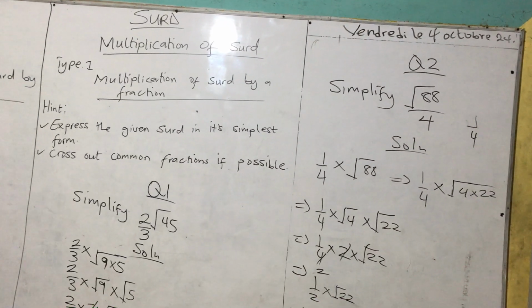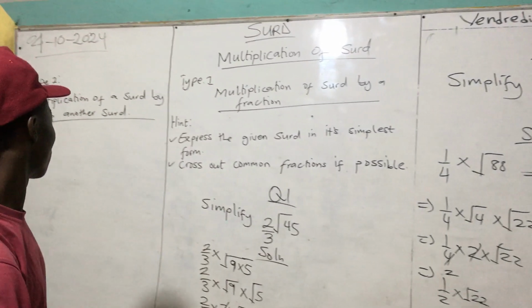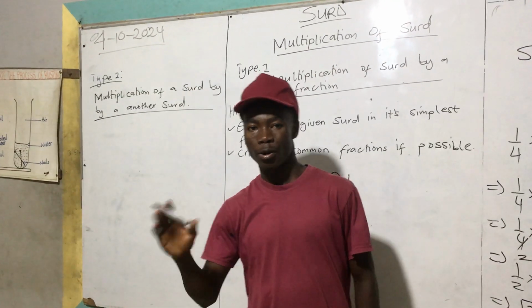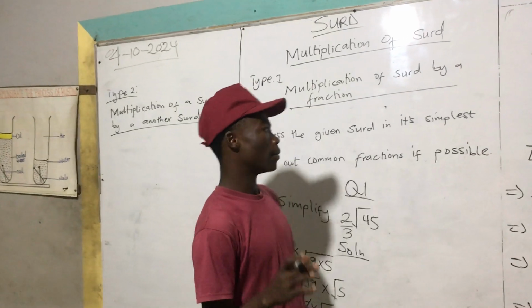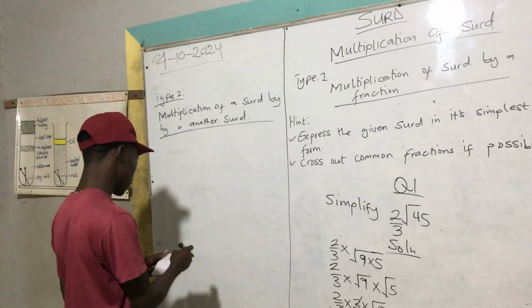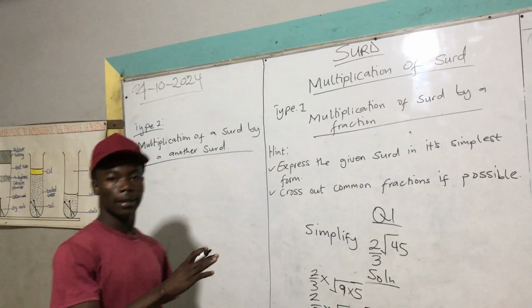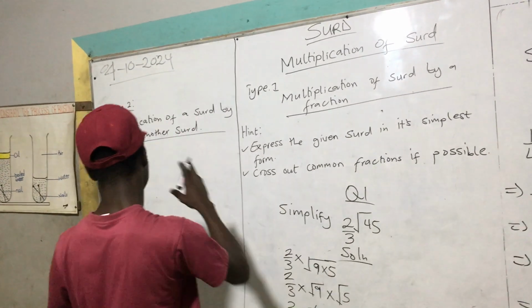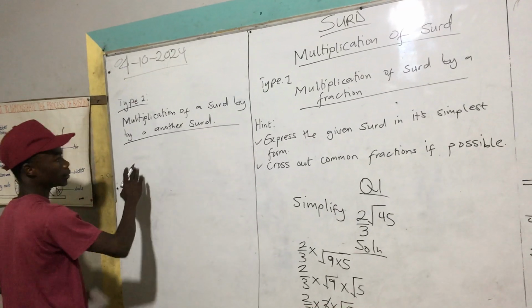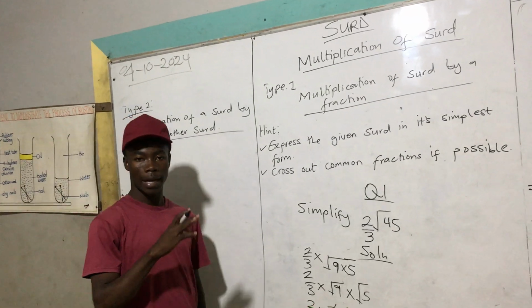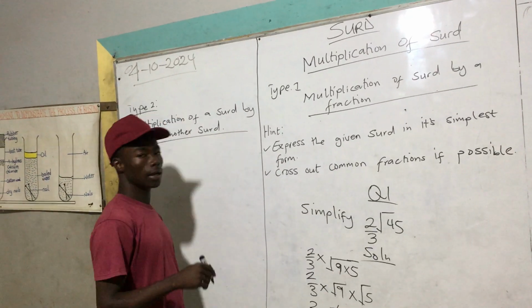Alright, with type 2, we are going to multiply a given surd by another surd. So the hint here is what you do. You express the given surd in its simplest form, or the surd in the question, you express it in its simplest form. After you are done, you group like terms. You group like terms to get your final answer.